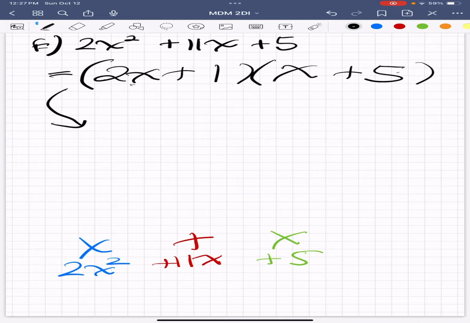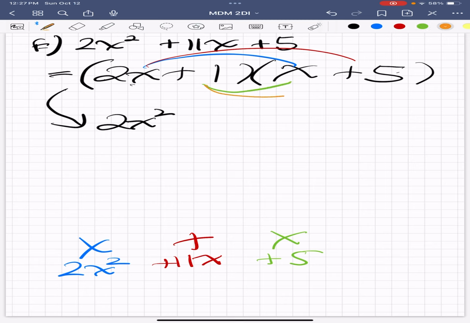So let's expand out. We have firsts, outsides, insides, and lasts. So we have 2x to the power of 2, then plus 10x, then plus 1x and plus 5.